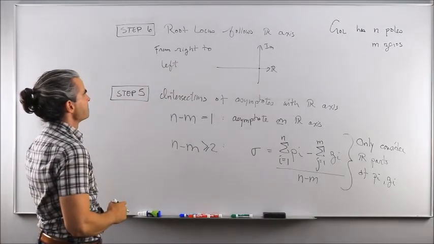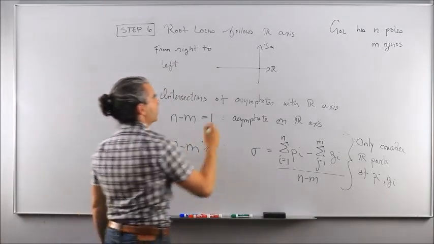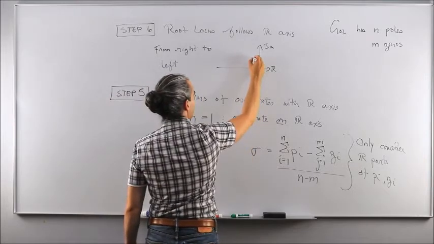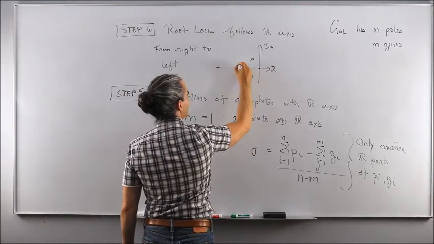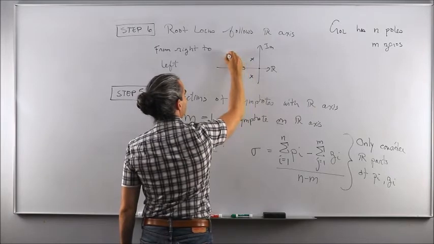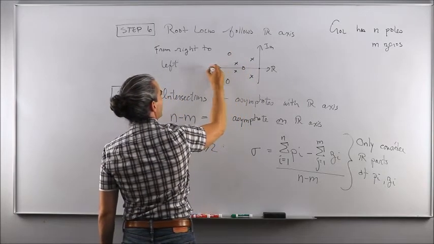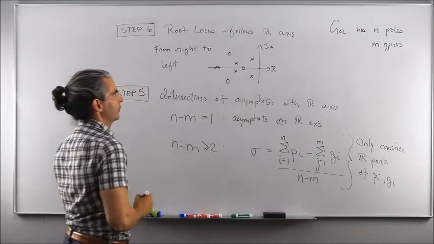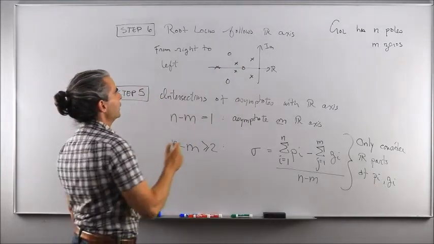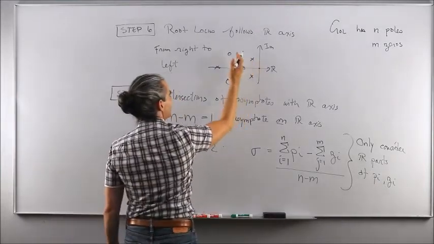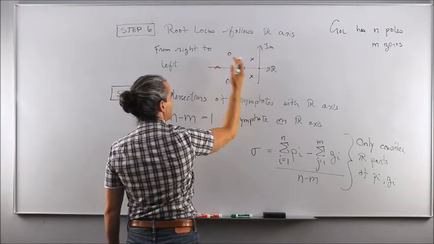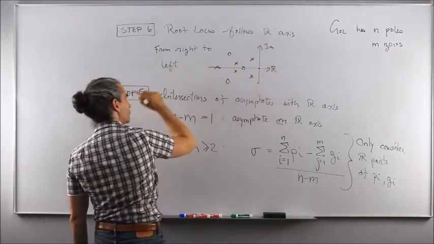Okay? What do you count? Well, you count everything you encounter. If that is the open loop zeros and poles you have for the open loop transfer function, you start here and you count all the zeros and poles that you encounter as you move further to the left.